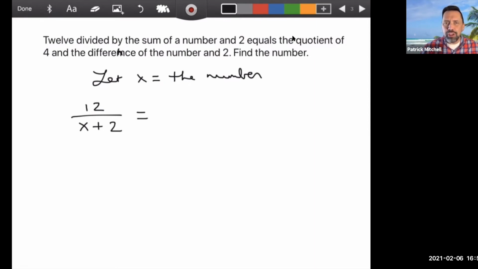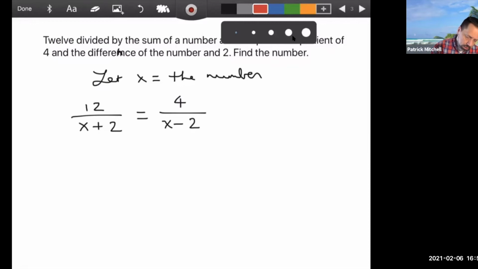Quotient also means divide, so they were trying to vary up their language a little bit. One time they said divided by, and another time they said quotient. The quotient of 4 and the difference of a number and 2, the same number. Difference means subtract, right? All right, so there's our proportion.